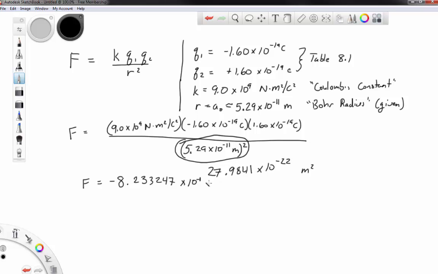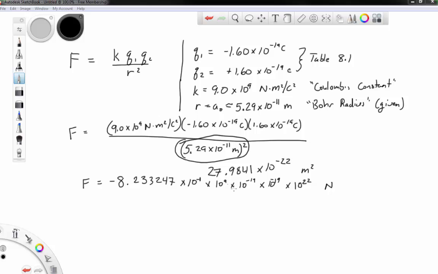Alright, and now let's include all these other factors of 10. So I've got that times 10 to the 9 times 10 to the minus 19 times 10 to the minus 19 again, times 1 over 10 to the negative 22, which is the same as having 10 to the positive 22 here. So I need to do some addition with these powers of 10.